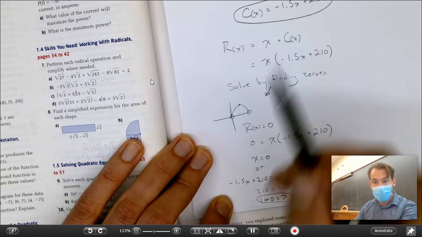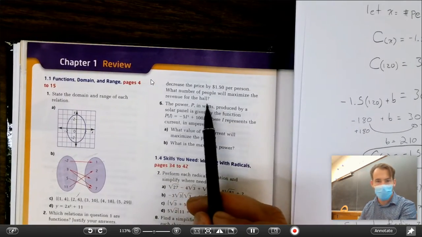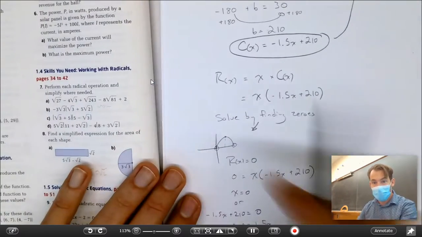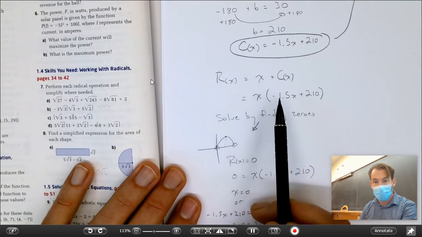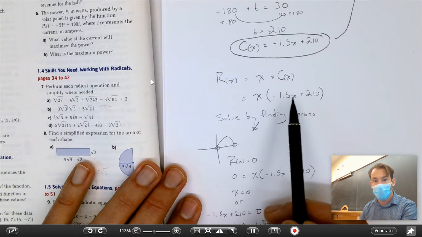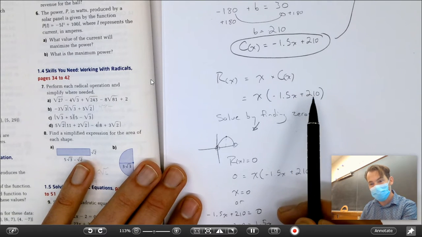Then to solve what's their maximum revenue, well, actually, I was just asked what number of people will maximize the revenue for the hall. So I have actually solved the question now. It's 70 people. If I want to know what that maximum revenue is, I would say number of people multiplied by the cost per person. So that would be negative 1.5 times 70, so that would be negative 105 plus 210.